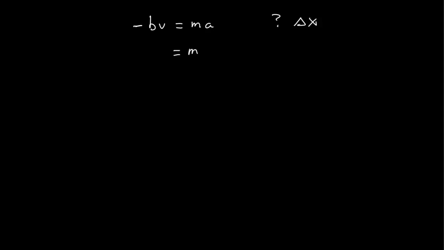So looking at this a different way. This is mass, and the acceleration is the derivative of velocity with respect to time. Now, using the chain rule, because the velocity is also a function of x, and varies as x varies, we can write this as the derivative of the velocity with respect to x times the derivative of x with respect to time. This latter part is just the velocity.